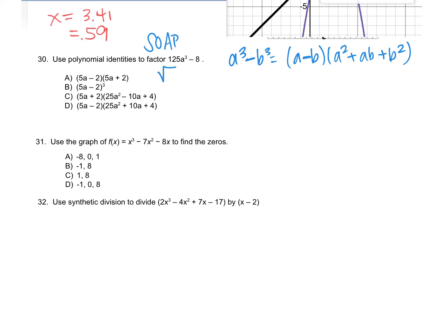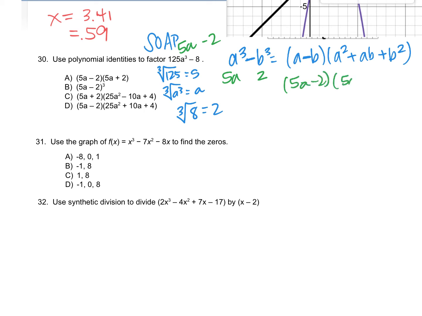So I need to find the cube root of 125, which is 5, and the cube root of a cubed, which is a, so that's my first term. So this guy right here is 5a, and then I also need the cube root of 8, which is 2, so that means this is 2. So my a is 5a and my b is 2. So I'm going to get 5a minus 2 times 5a squared plus 5a times 2 plus 2 squared.